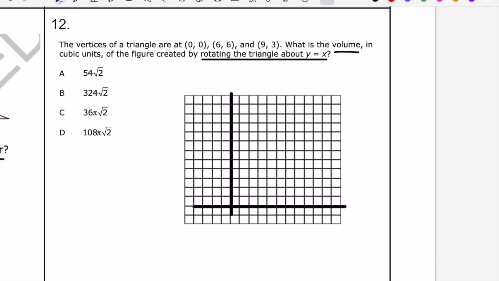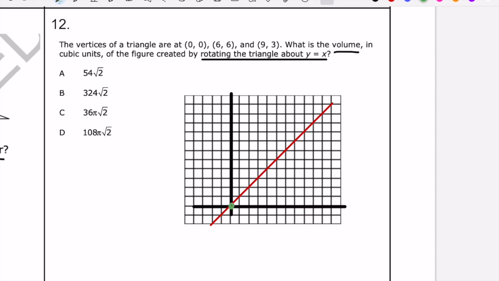The line y equals x is going to be the line that goes directly through that middle as best we can. Again, as best we can, try to make it as exact as we possibly can. And then we're going to plot these points. So we have a point at 0, 0. We're going to graph that line y equals x as close as we possibly can. We know we're probably not going to be able to get it perfect, but within reason.